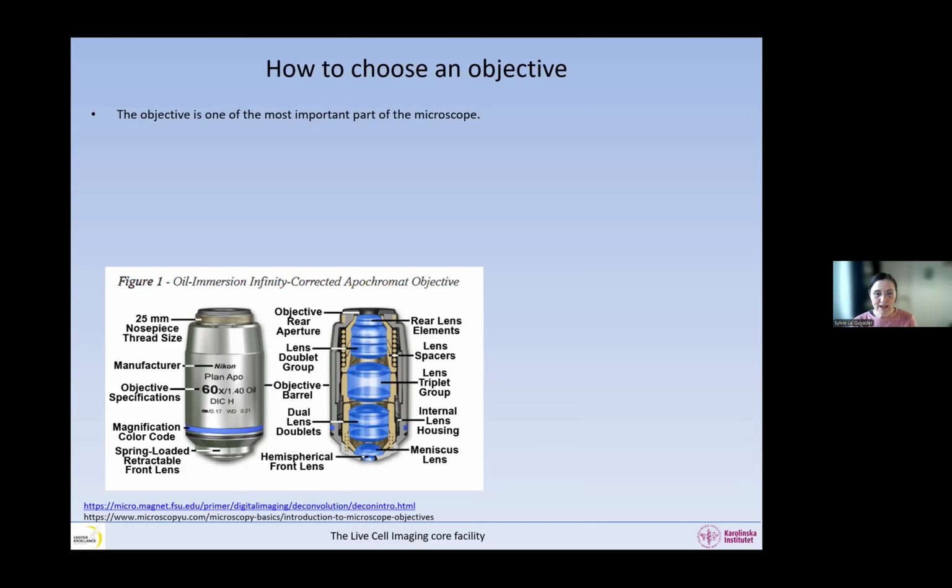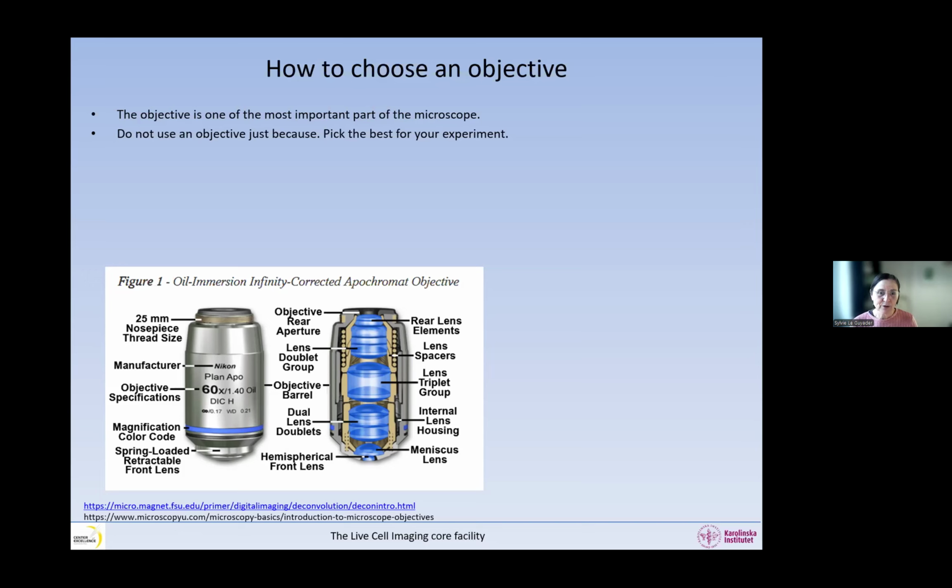There are lots of different aspects of an objective. It's not just about the magnification. A lot of people say, I chose the 60x or I chose the 20x. So we have a tendency to think magnification, and that's really not the main part of the objective. But the objective is one of the most important parts of the microscope. So don't use an objective just because you don't know why.